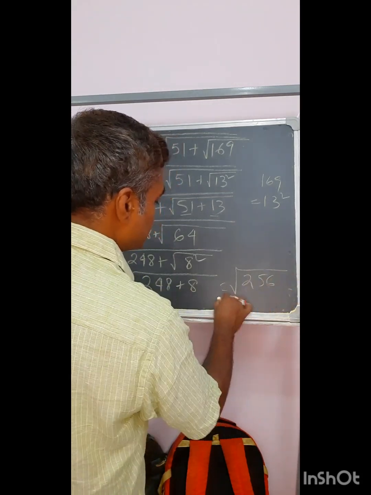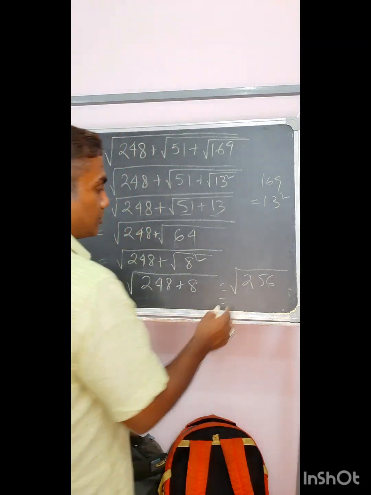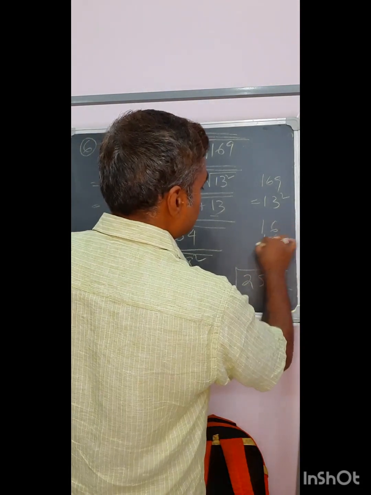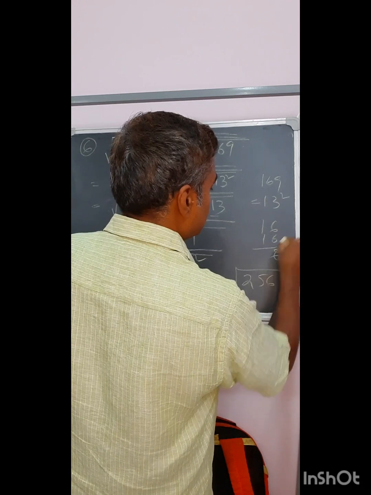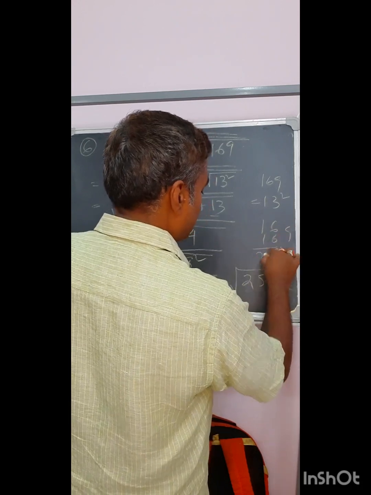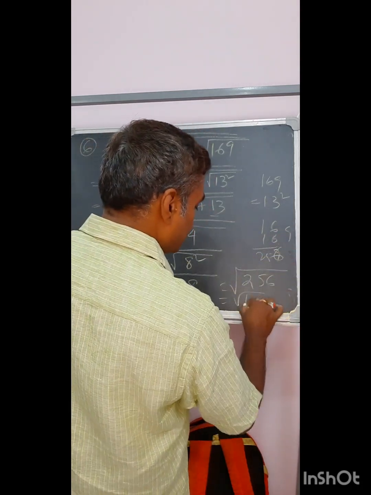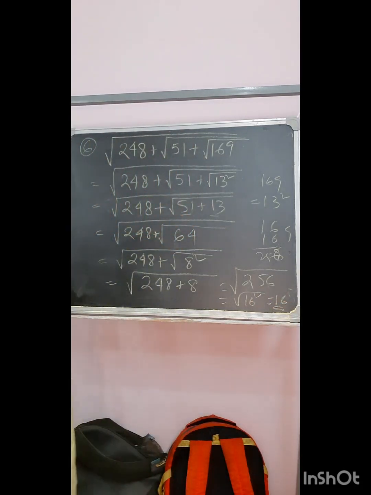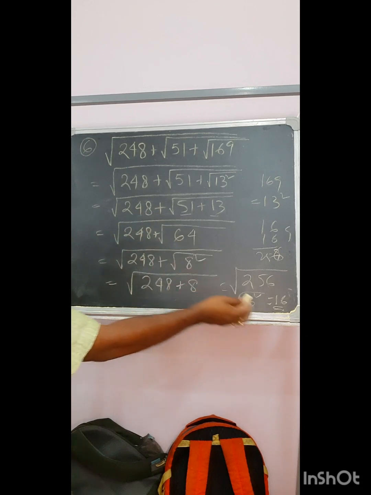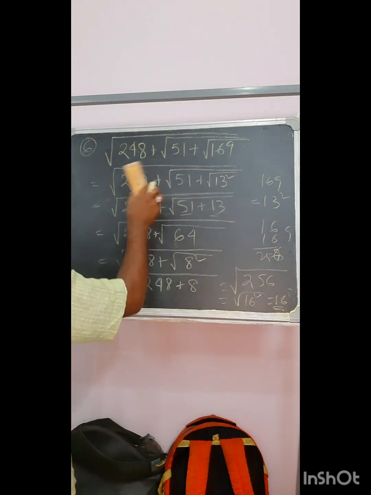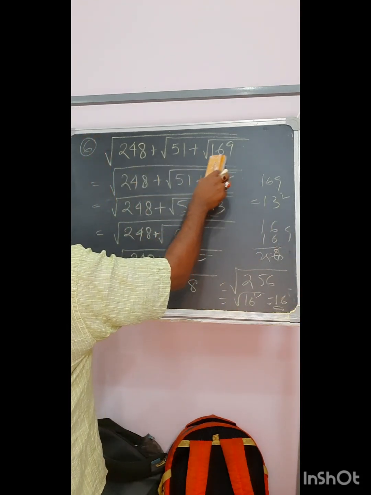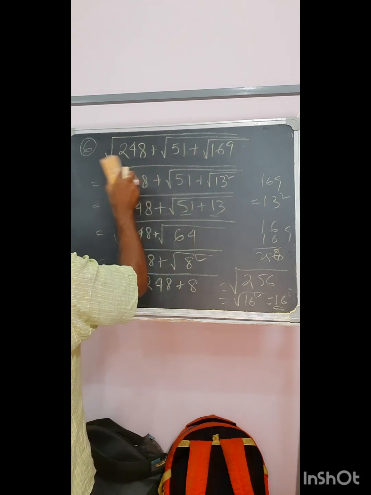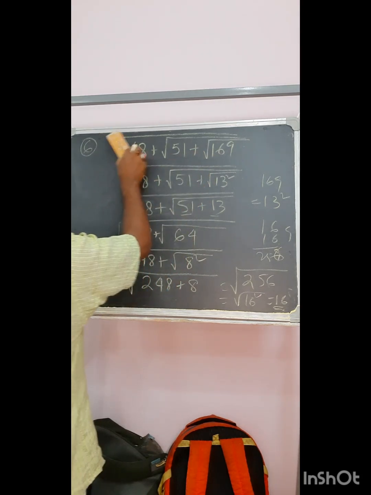Now 256 is nothing but 16 square, I suppose. 16 into 16, 256, yes, it is 16 square. So when it comes out of the surd, this is the simplest form. In this case, remember, you have to start from this side and remove all the surds one by one.